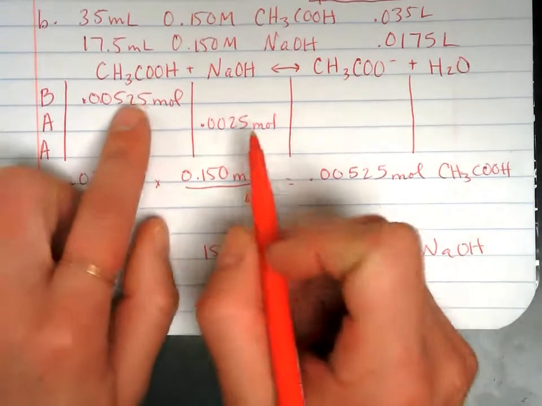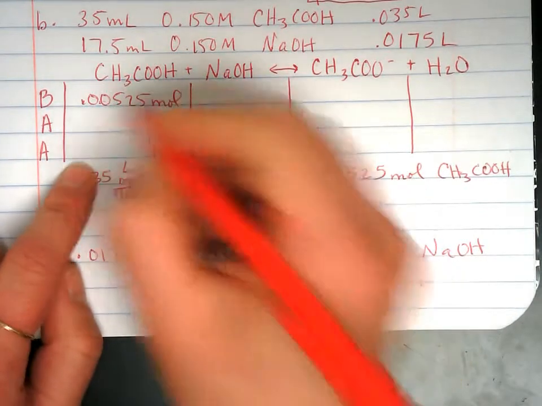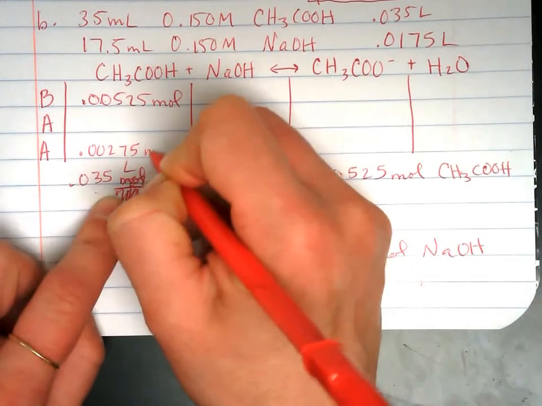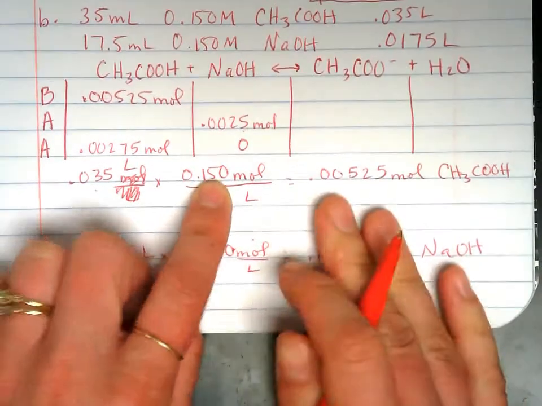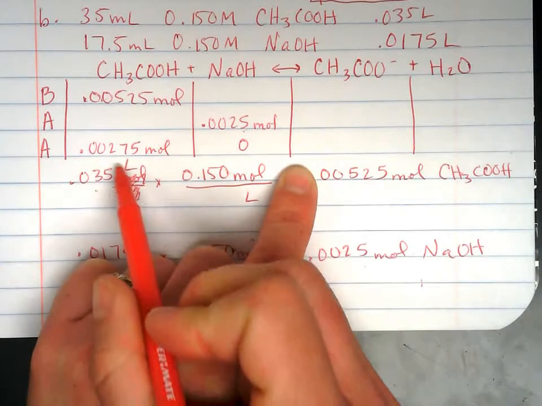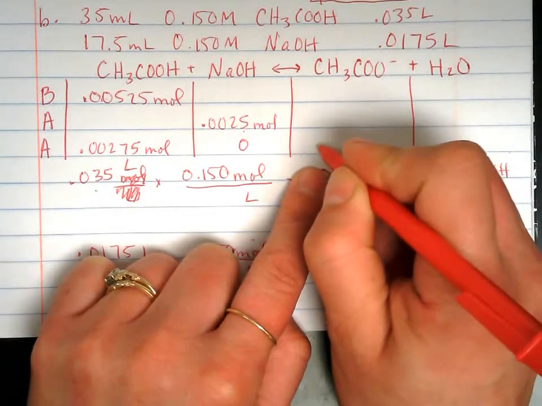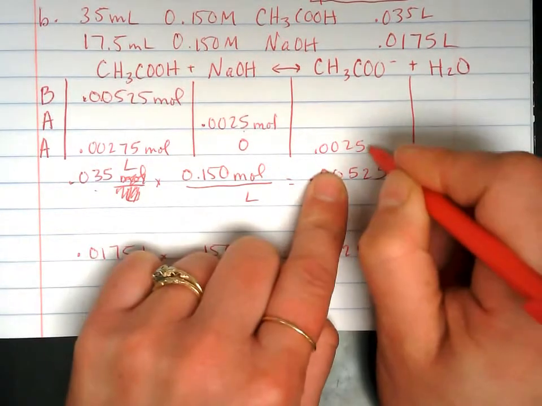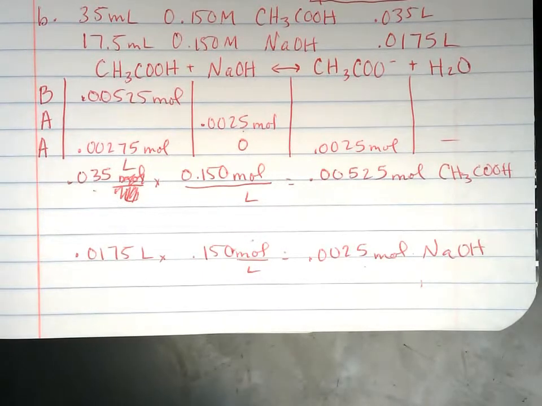So when I subtract 0.0025 from 0.00525, I get 0.00275 moles of acetic acid left over, 0 NaOH left over, and I know 0.0025 of acetate was created. And water we don't really care about because it doesn't do anything.